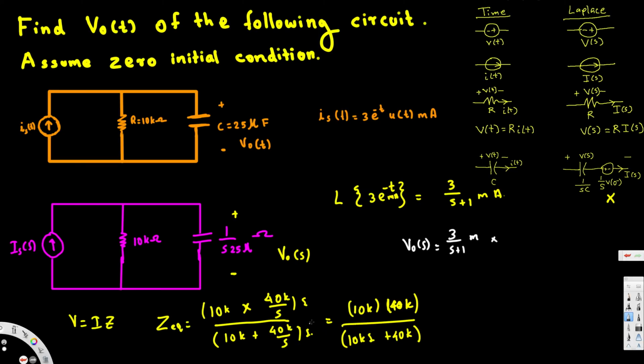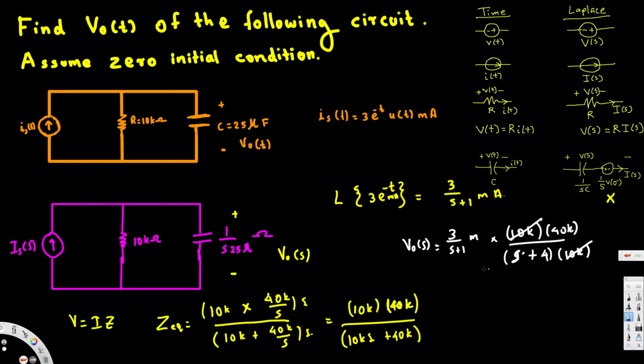This is multiplied by the equivalent impedance, that is 10K times 40K divided by 10K s plus 40K. Here we can do one thing: if we take 10K common, this becomes s plus 4. And if we take 10K common, we can cancel this 10K and this 10K, so we are left with this one. So this is what we have right now.